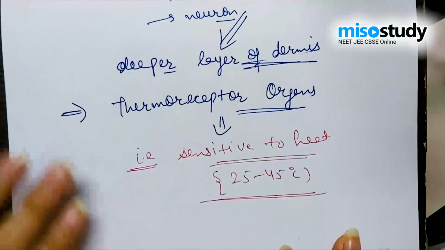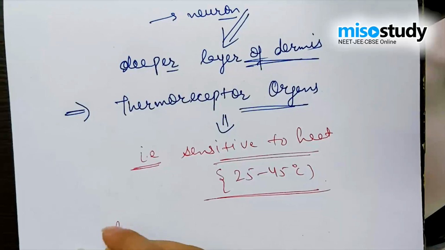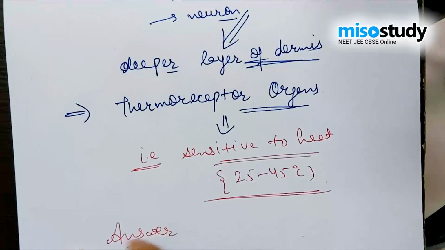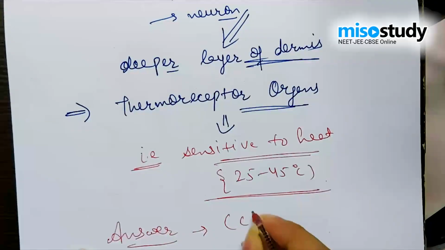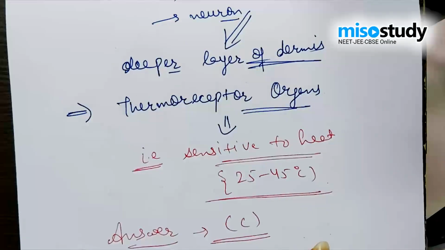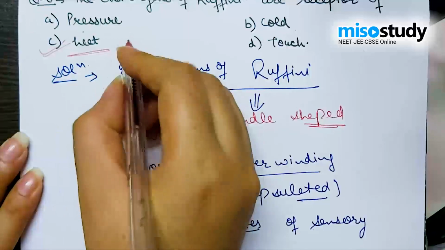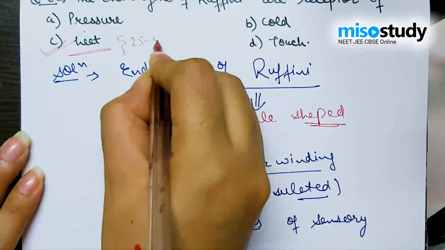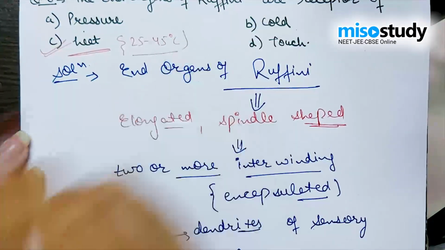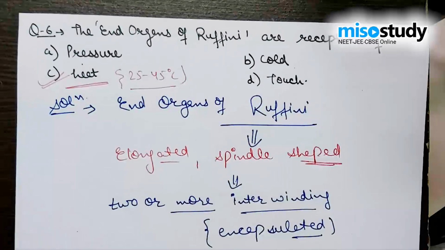So according to the given question and discussion, we got to know that the right answer is option C. Let's mark the right one, that is heat, and the temperature varies from 25 to 45 degrees Celsius, as we discussed in the discussion part.